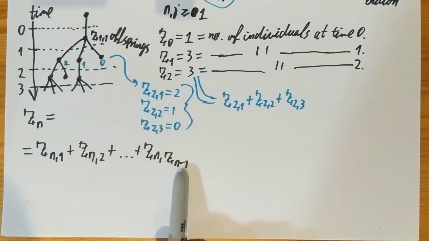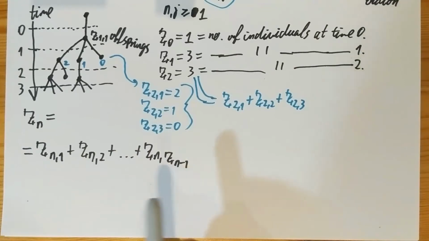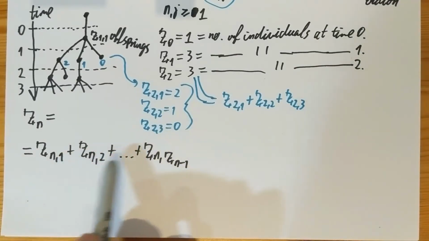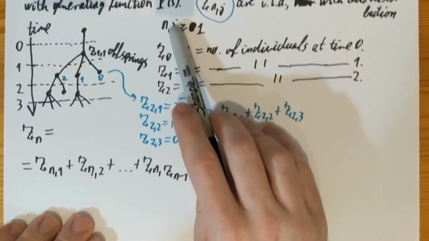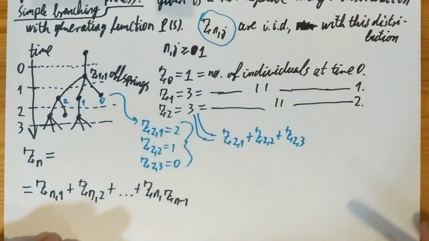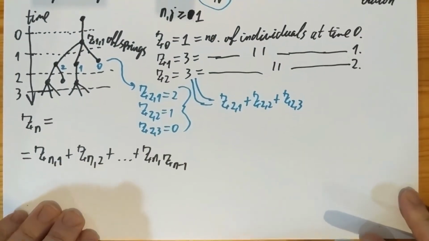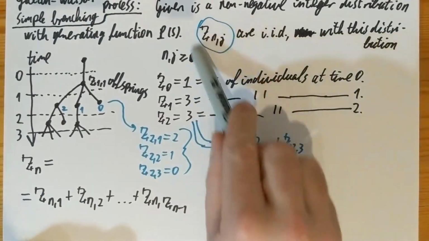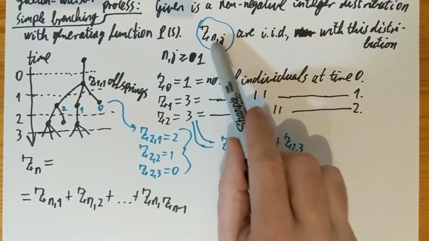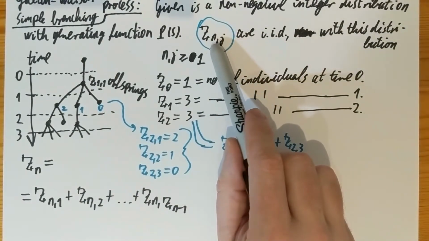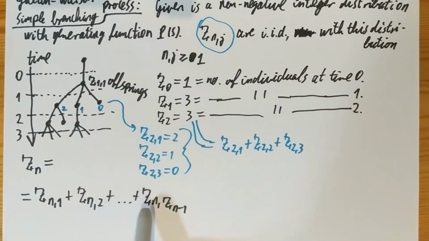We have Zn minus 1 many independent Z's of generating function P, and because Zn minus 1 depends on these IID random variables only up to the first index n minus 1, and here I have index n, these random variables are completely independent of Zn minus 1, which depends only on those up to time n minus 1.